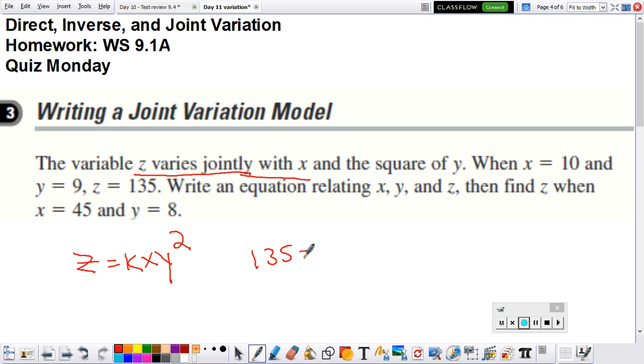Oh, I think I want a calculator for this. So let's see. 135 divided by 810, it would be nicer if I had a nice calculator. 0.16 repeating. Is that like 2/9? No. Wait, let me get a better calculator.